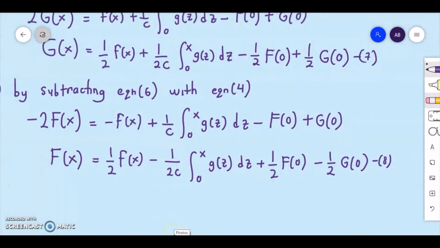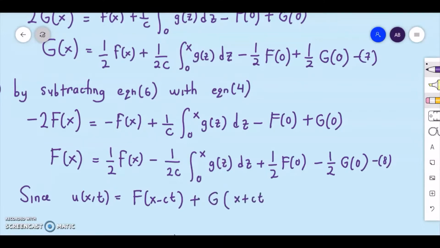Now, since u of x, t equals f of x minus ct plus big G of x plus ct, I can substitute my f with this f and my g with this g, and don't forget to substitute my x.